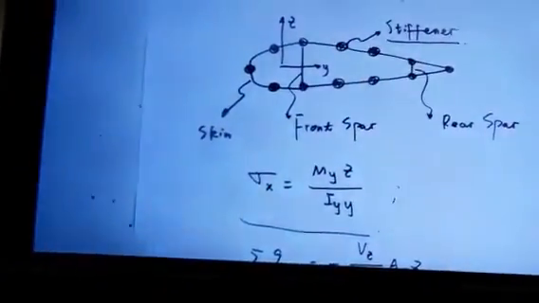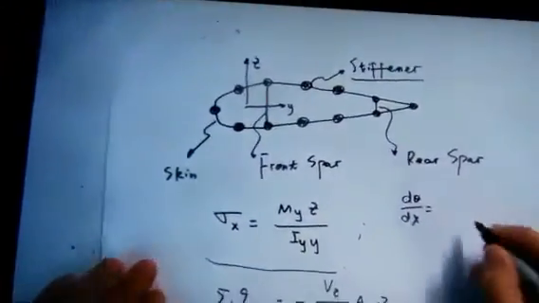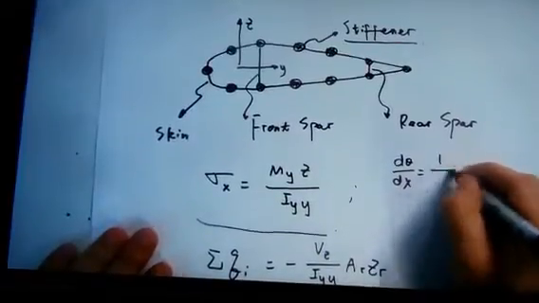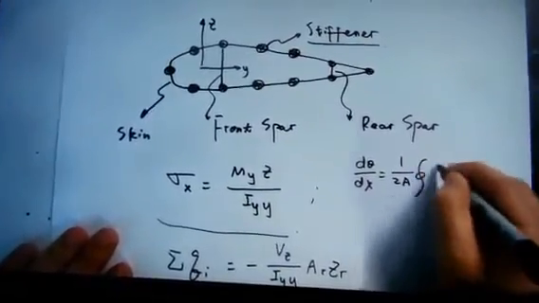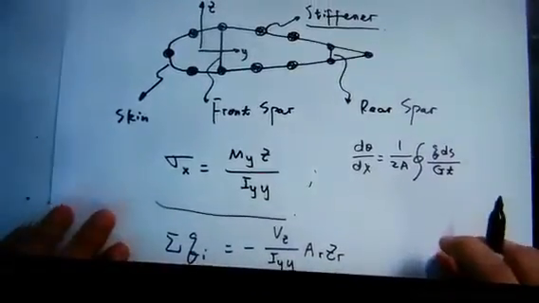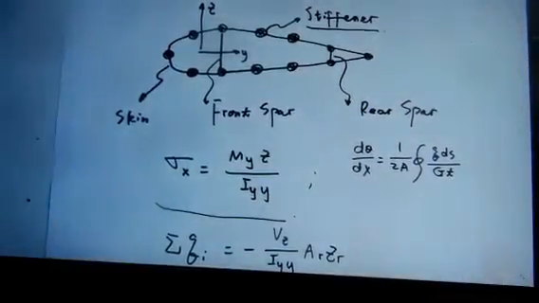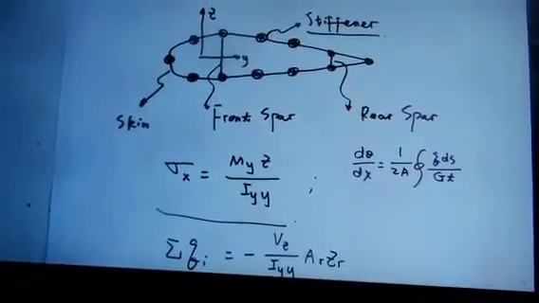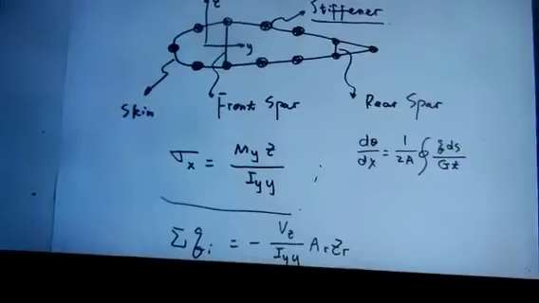So what is the twist angle definition? dθ/dx equals, I gave this formula last time, 1 over 2A times the integral of q ds over Gt. This is the twist angle for one closed cross section, dx along this direction. This is a wing structure. Cross section like this. You apply the torsion in this way.